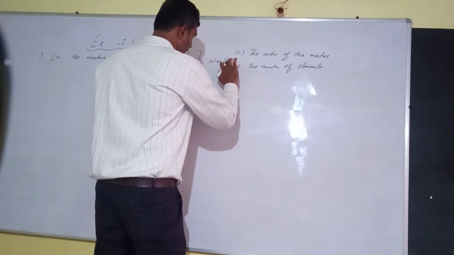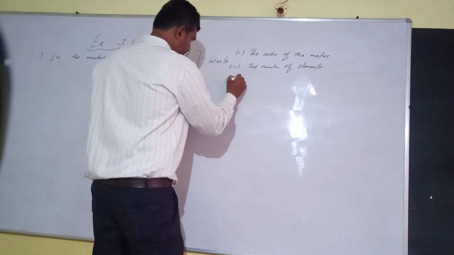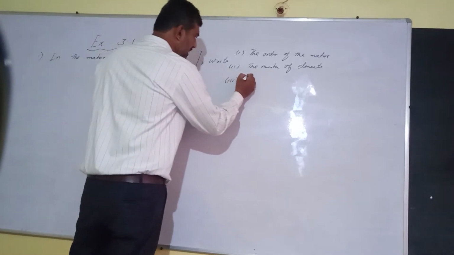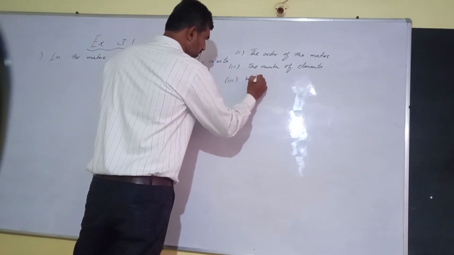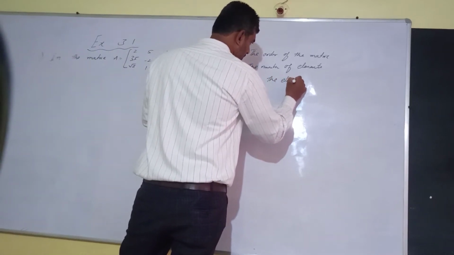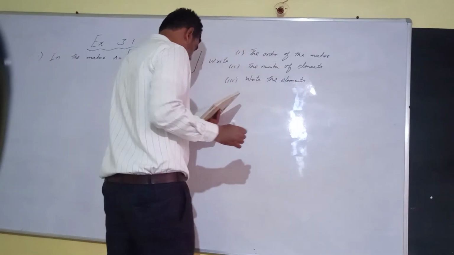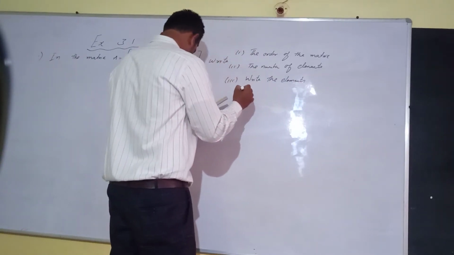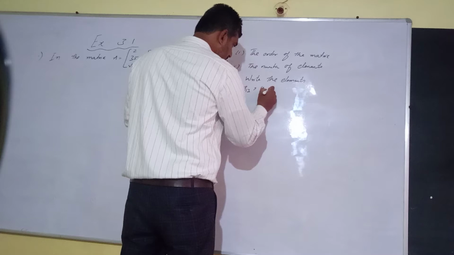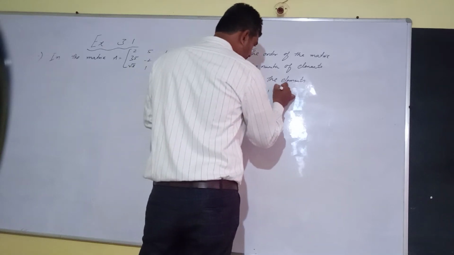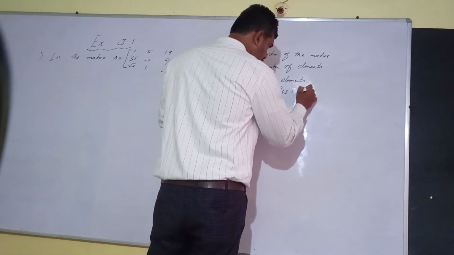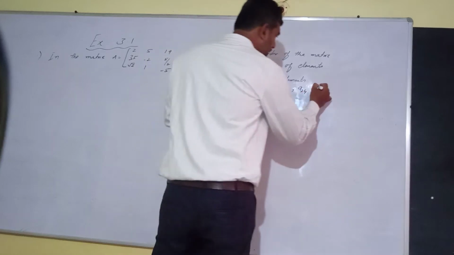Third, in the main first question there are three different questions. The third one is to write the elements A13, A21, A33, A24, A23.